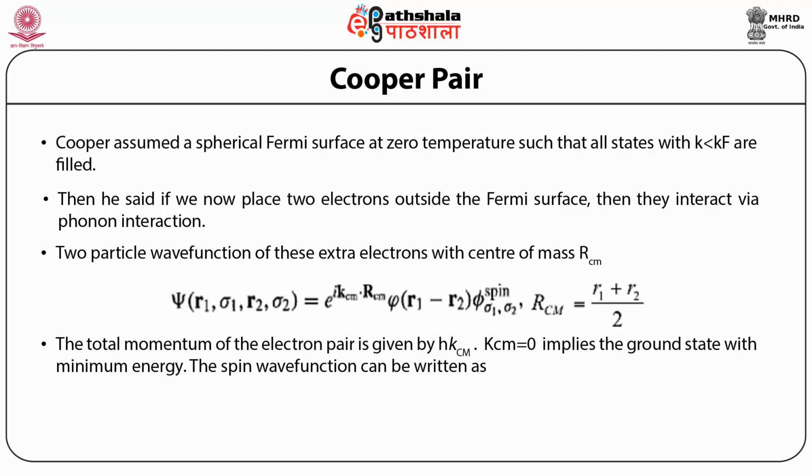The total momentum of the electron pair is given by h cross multiplied by k_cm. Now this k_cm is equal to 0.